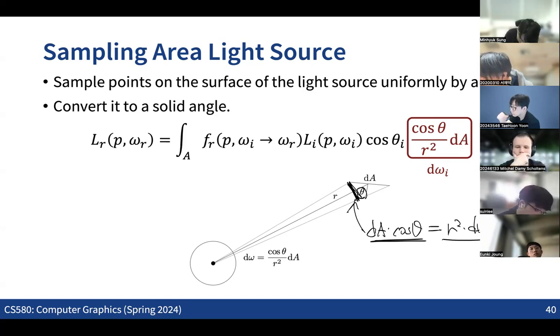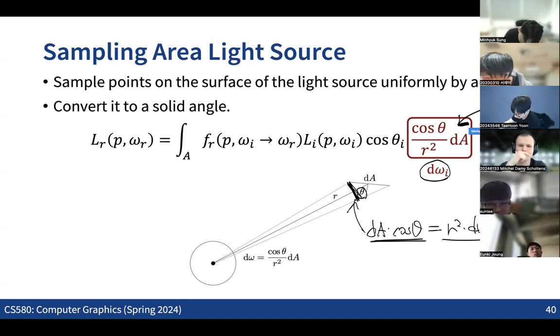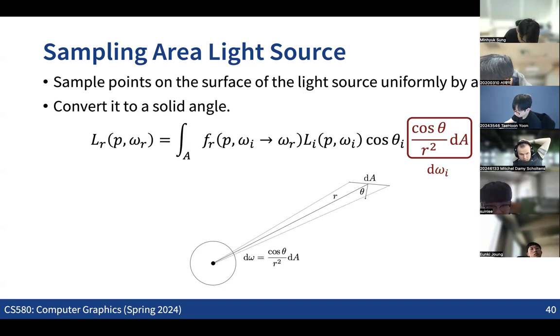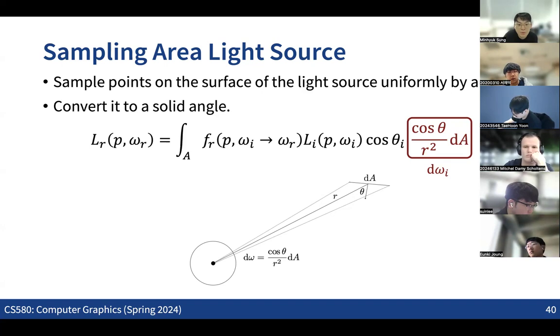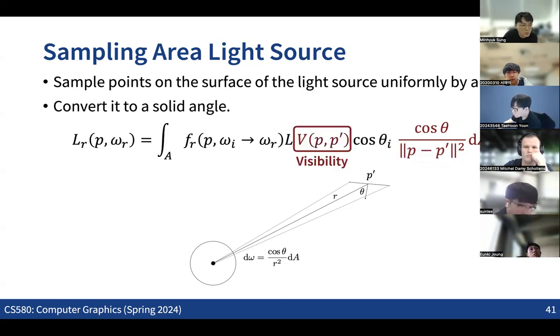From this, we can replace the differential of the solid angle with this term, right? So this is the same formulation, where we are simply replacing the differential of the solid angle with the differential of the area over the area of the light source. And then we can also have a constant light source.